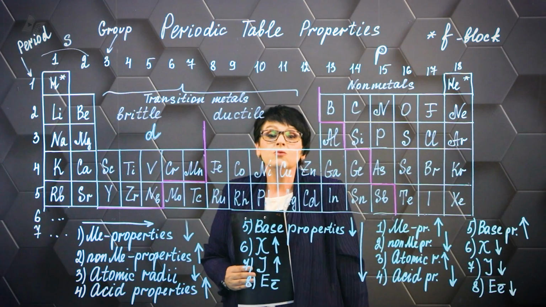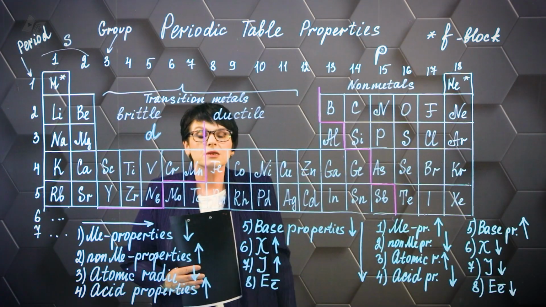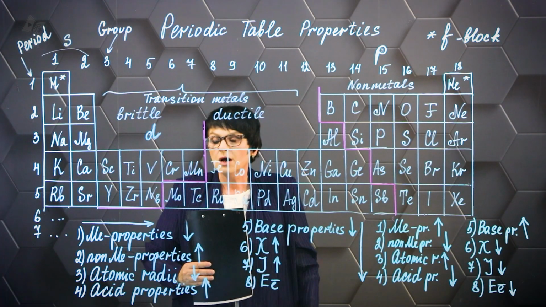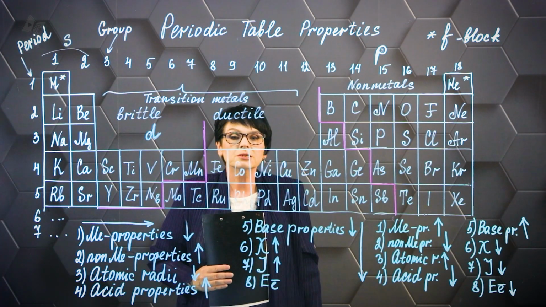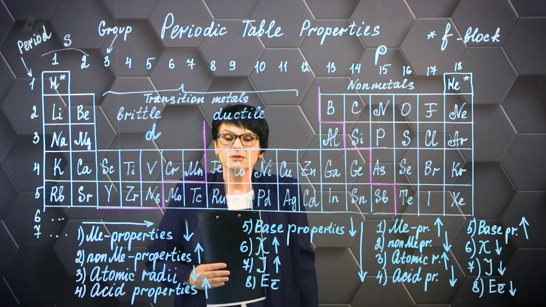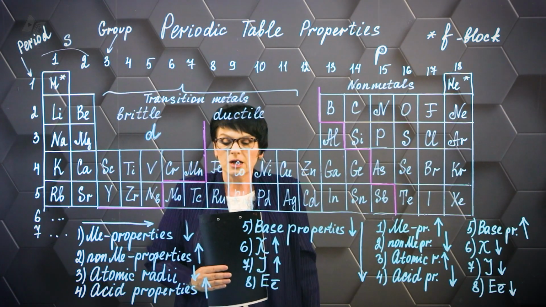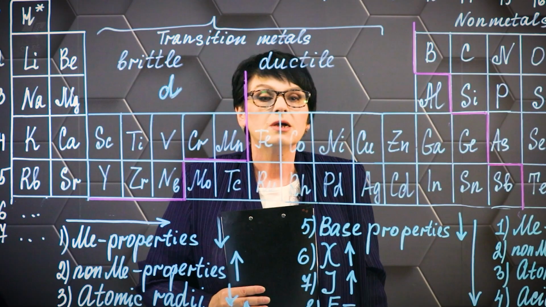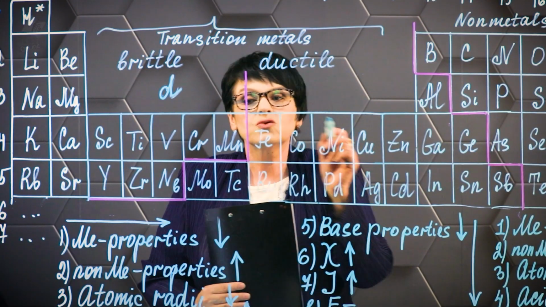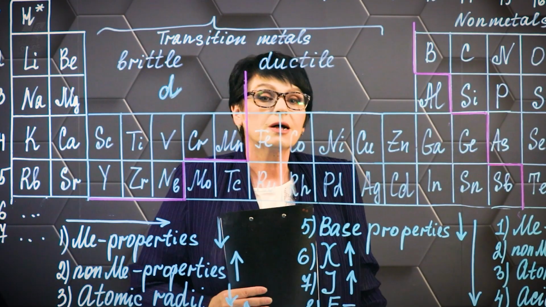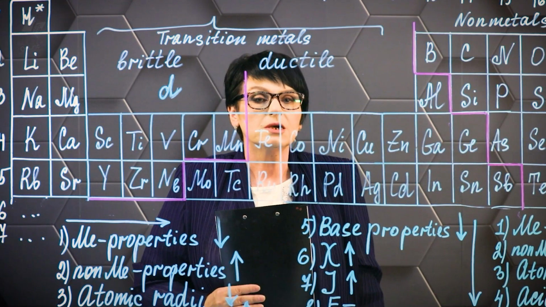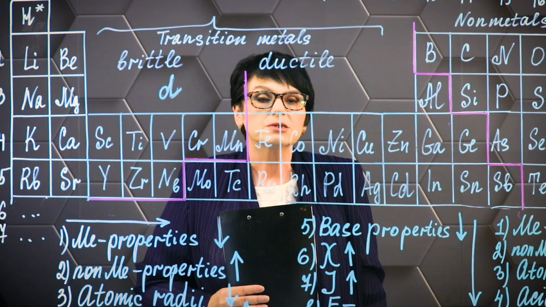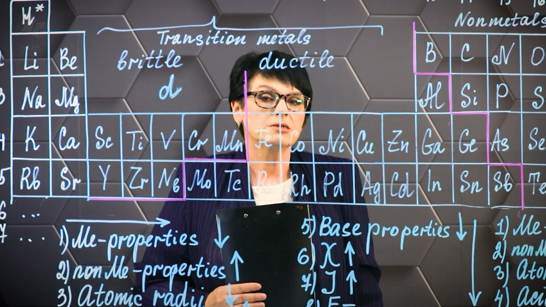Thus, knowing the general patterns of change, we can say that there is a pattern in the periodic table. It is called periodicity, which we can observe for any period and for any group. And only for metal elements, which are d elements and then f elements, we need to know the peculiarities of the structure of these elements in order to correctly predict their chemical properties.